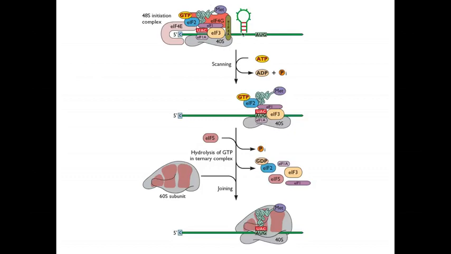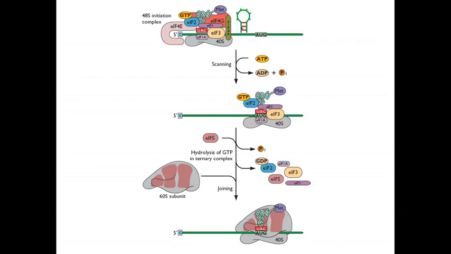So on the top here, we're showing one such secondary RNA structure, which could impede the transit of the initiation complex. The complex has built within it an RNA helicase, and that's this green protein here, EIF4A. Its function is to melt out any secondary RNA structures that are present in this region.